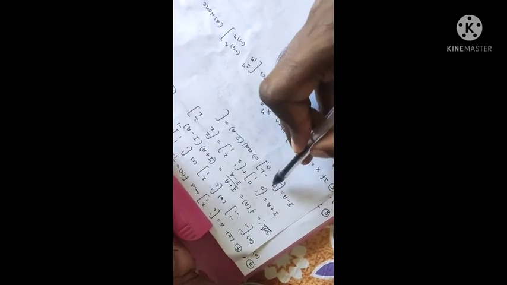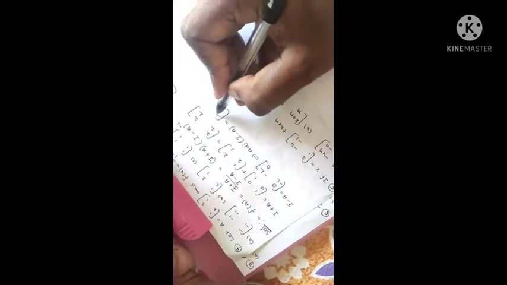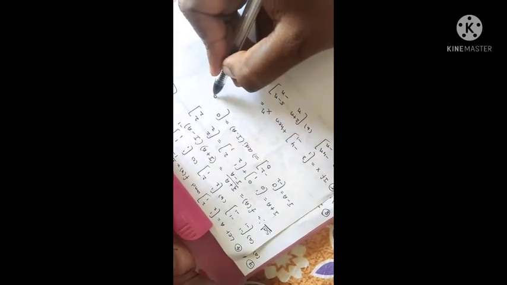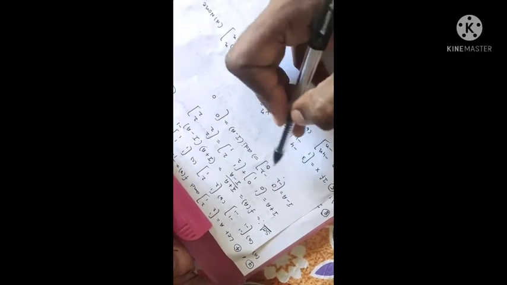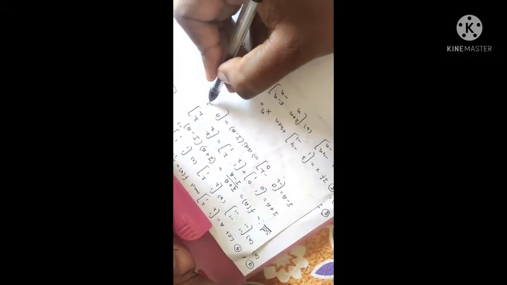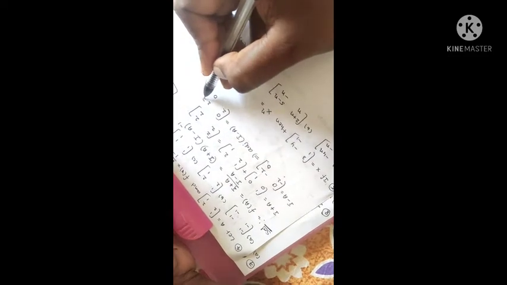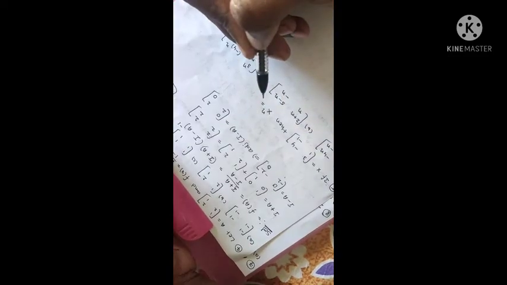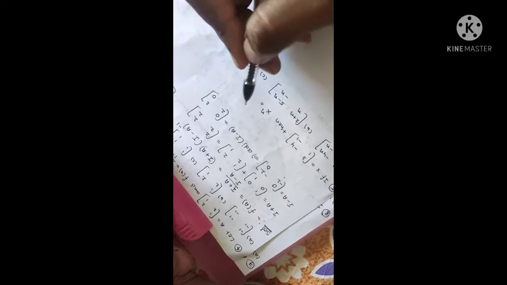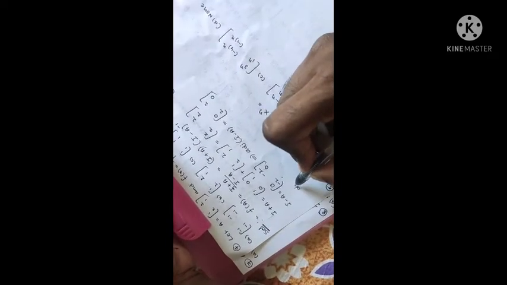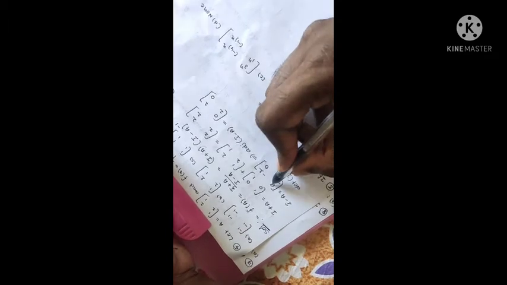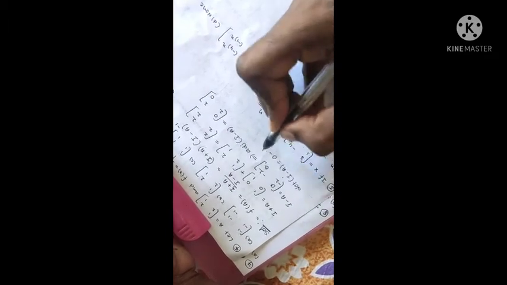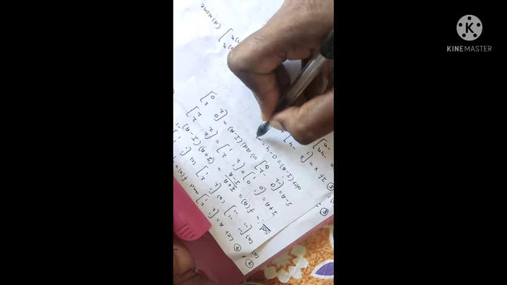Here the diagonal elements are 0 and 0. If you interchange, again 0 and 0 will come. The non-diagonal elements are minus 2 and minus 2. We need to change the sign, that's why plus 2 plus 2. This is the adjoint of the 2 by 2 matrix. Next I am finding det of I minus A. 0 into 0 is 0, minus 2 into 2 is 4. Now det is minus 4.